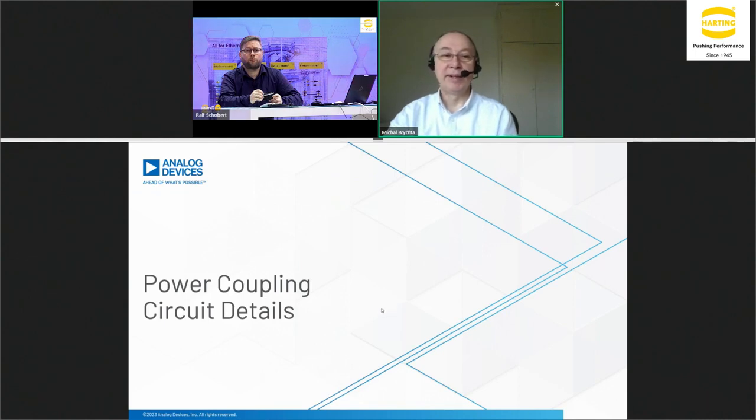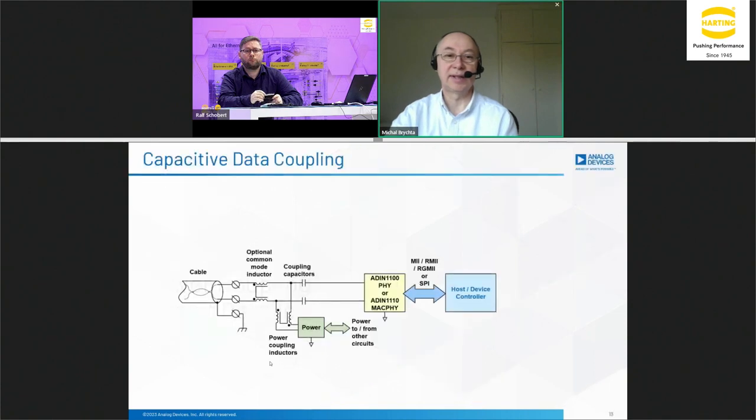Now a little bit about power coupling, because that's a question that we've been asked, as we provide the PHY and other devices for the SPE system. So as I said, there is an AC coupling, usually with capacitors, of the data.